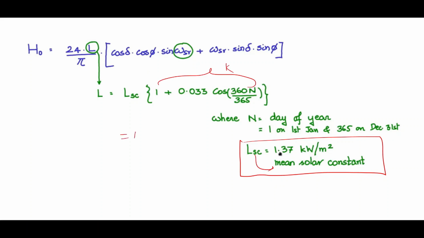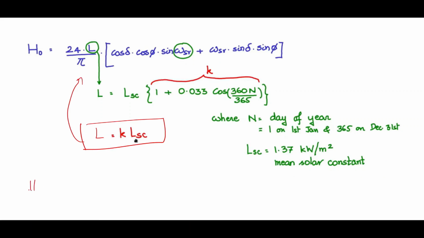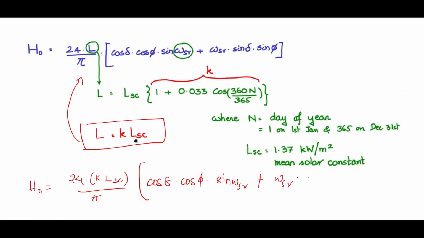So the expression will become K into LSC. I am going to substitute L equal to K into LSC in our expression. So our H naught will become 24 into K into LSC by pi, into (cos delta cos phi sin omega sr plus omega sr sin delta sin phi).